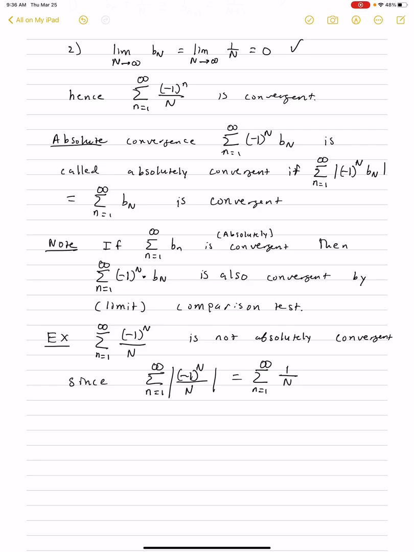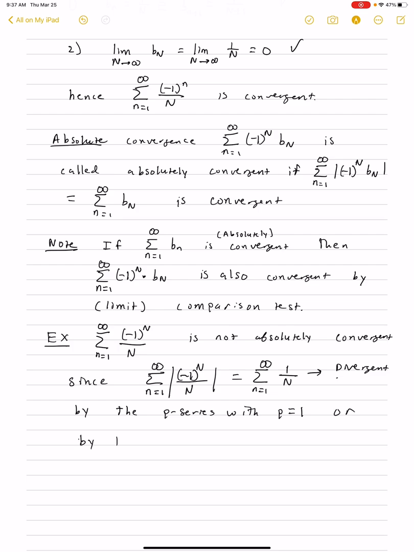And 1 over n, it's a divergent p-series, or you can use the integral test to show that this is divergent, as I've done in previous videos. This is divergent by the p-series with p equal to 1, or by the integral test.